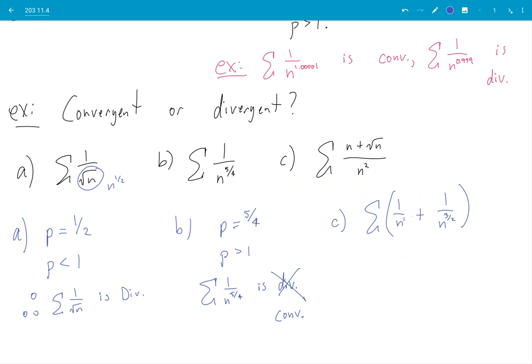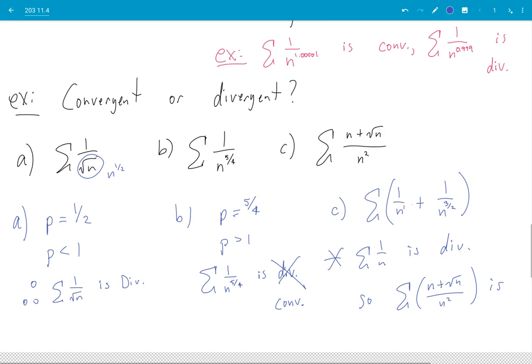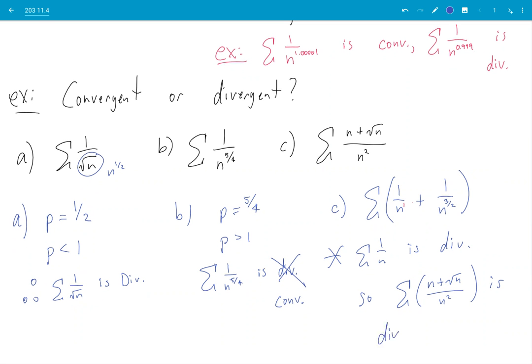Anyways. So I'll write it like this. Put a little star here. Summation 1 over n is divergent. So the original series is divergent too.